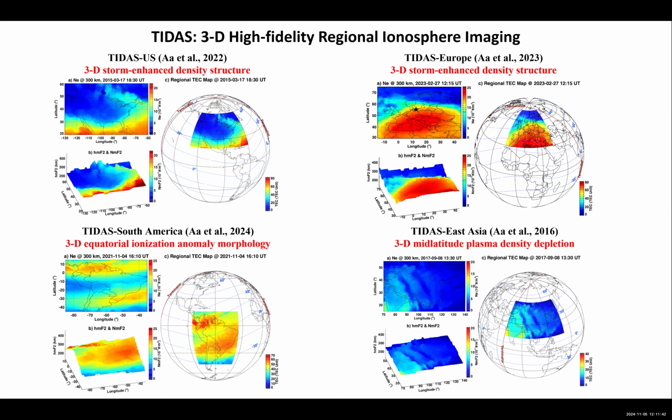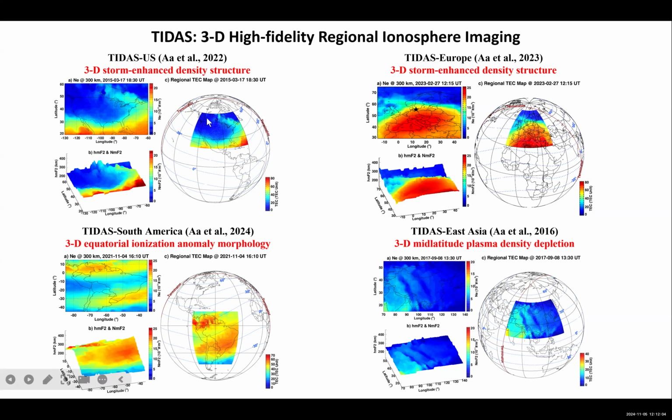So why did we select these 4 regions to build a data simulation system? The reasons are twofold. The first reason is the data coverage. We know that there is relatively ample data coverage over these regions, especially from ground-based GNSS receivers.